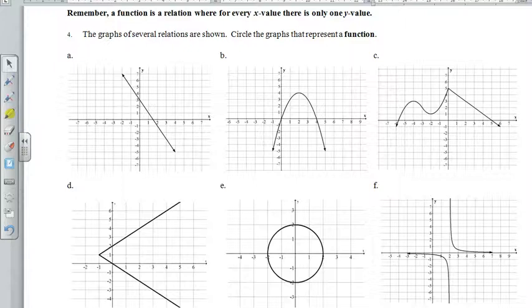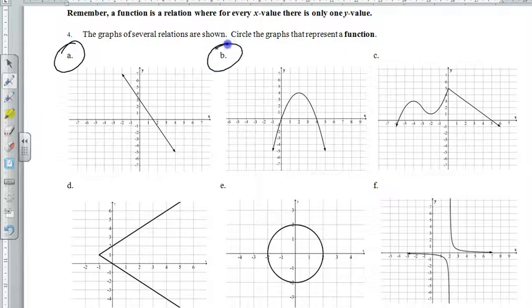Okay, is A a function? Yes. Is B a function? Yes. C. Yes. D. E. F. Yes. So F has an asymptote, and that asymptote happens to be the line x equals 2.